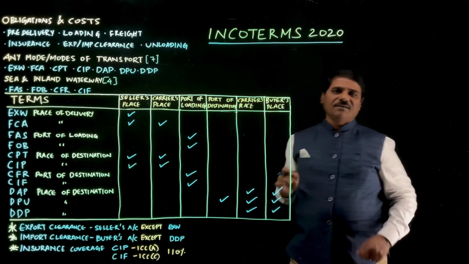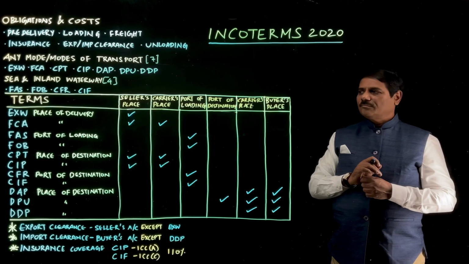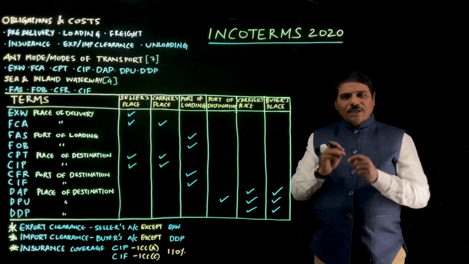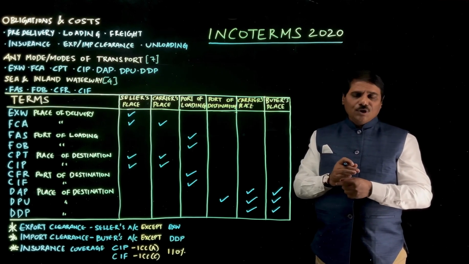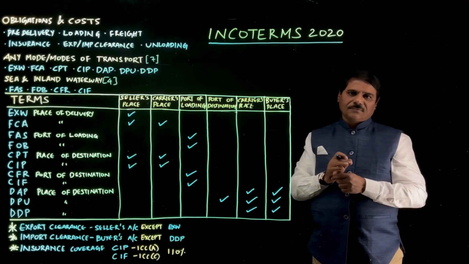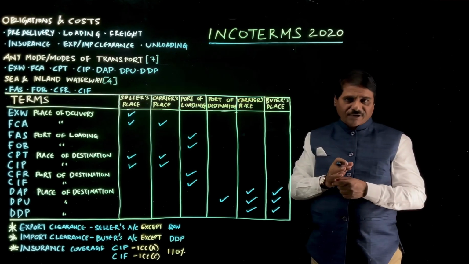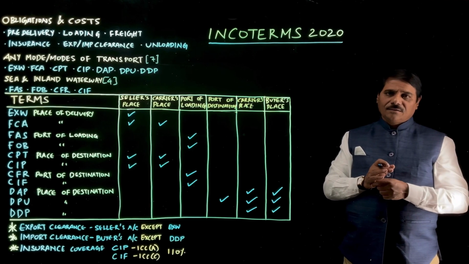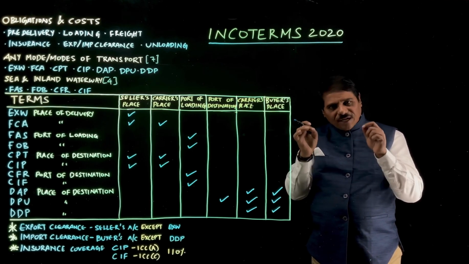What is the place of delivery against Ex Works? You can be more specific. You can give not only the place, you can give the entire address, and you can also give the point of delivery. If there are multiple points for delivery, you can specify the point of delivery also.